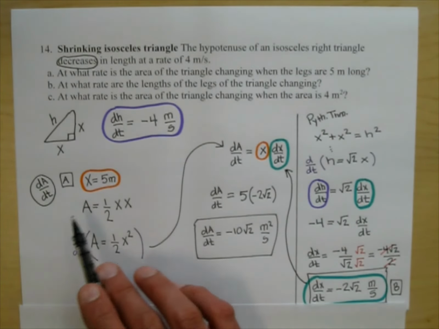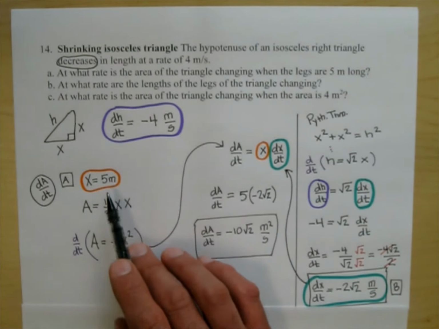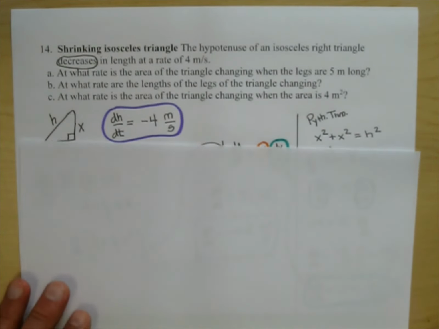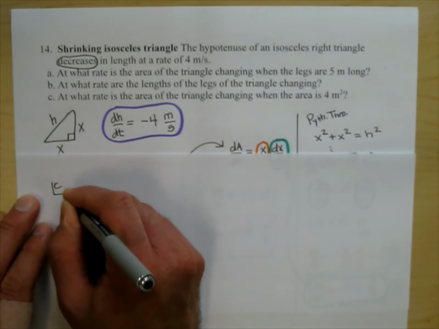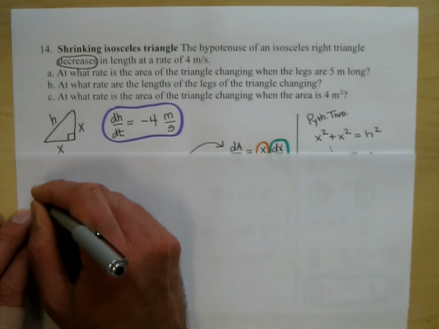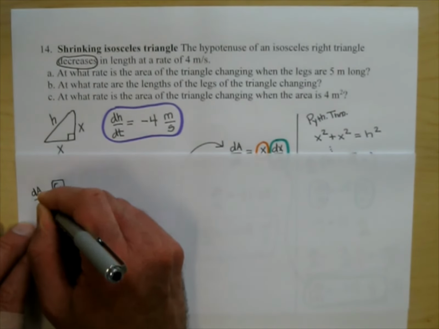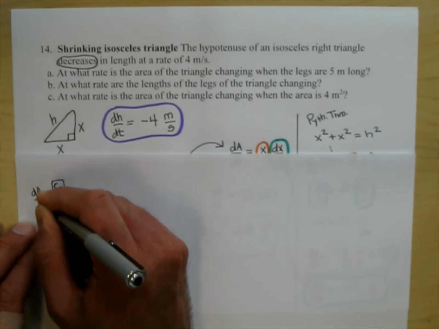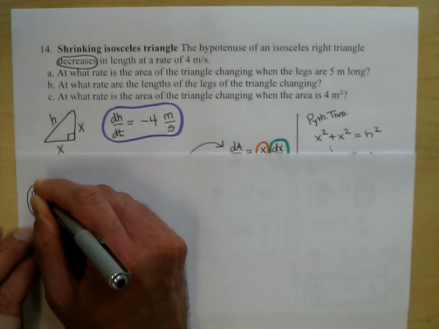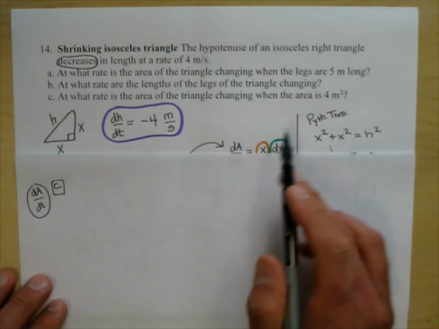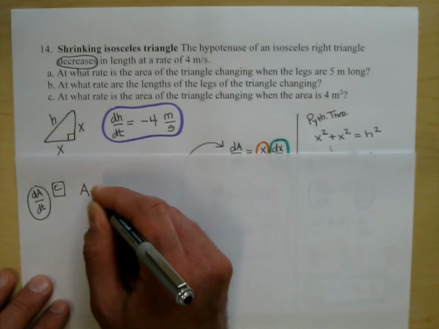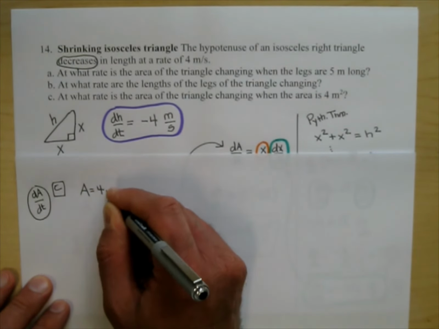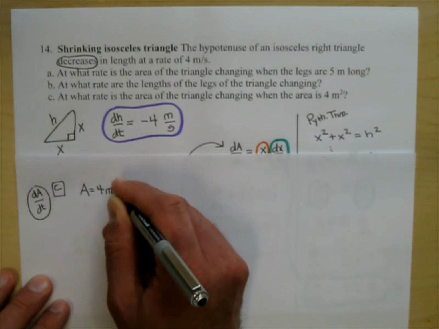Okay. But not when x is 5. So let's go ahead and put part C. They're asking for dA dt. That's the goal. And that is when the area is 4 meters squared. So area is 4 square meters, or meters squared, you can say.